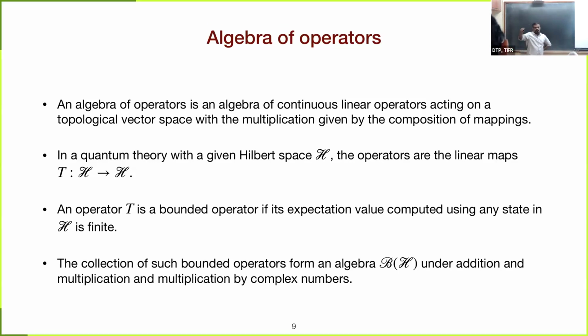Basically, all matrix elements of T must be finite. Nothing should be divergent. The collection of all such bounded operators has the structure of an algebra. You take all such bounded operators and call that B(H). When you add two operators, or multiply two operators, or multiply by a complex number, they are still bounded operators. So they form an algebra.